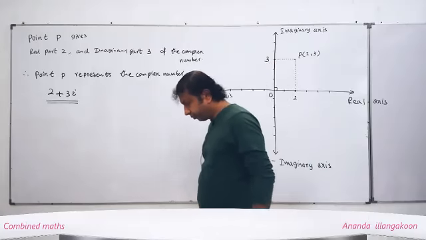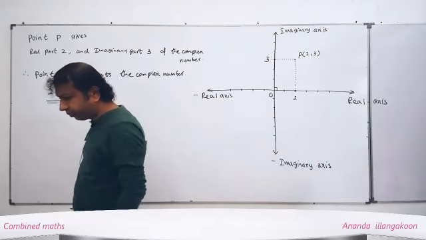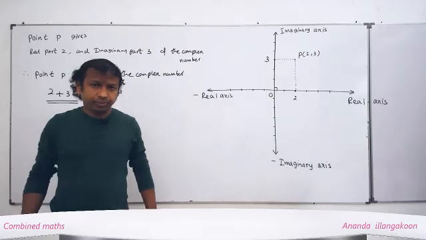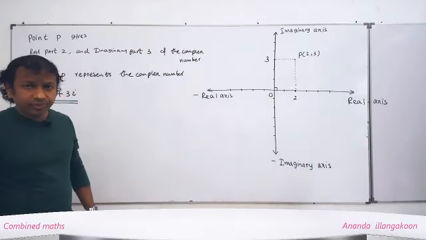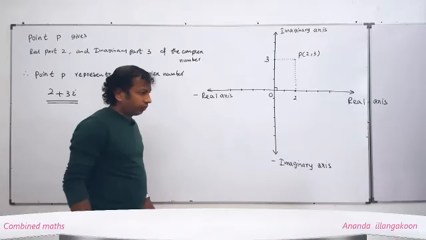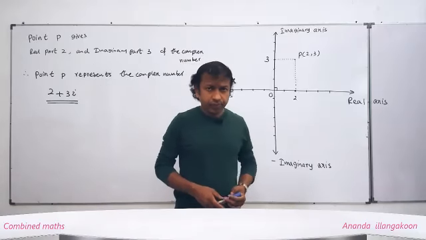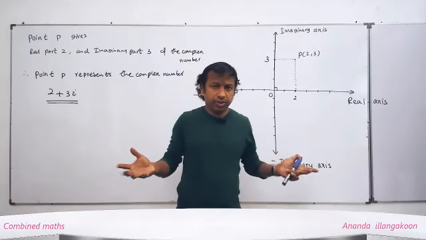Right. Now you should have the idea. When we consider this Argand plane, at every point there is a complex number.